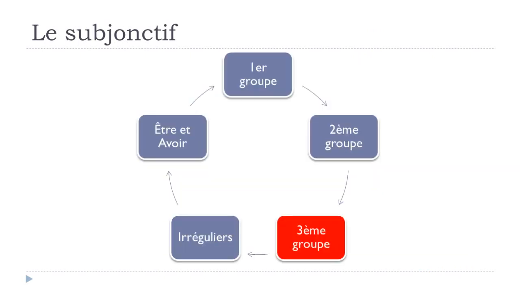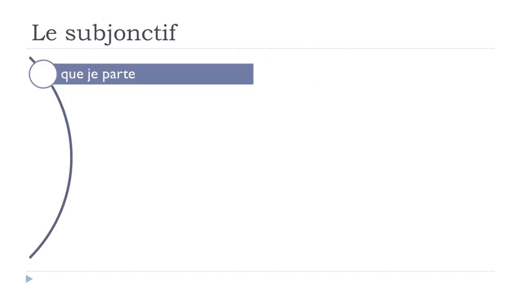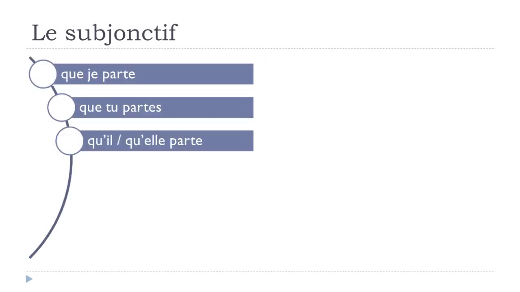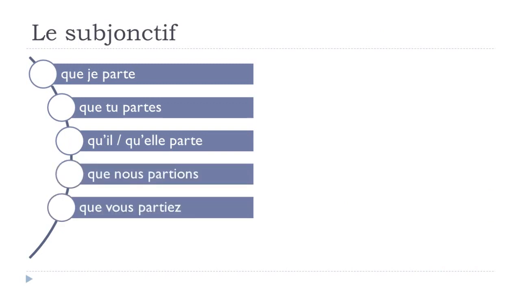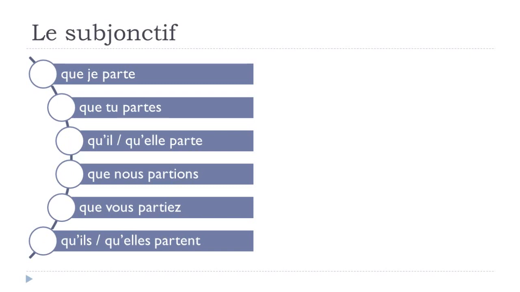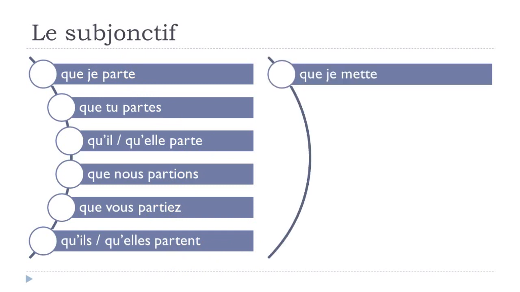All right. So third group now, and I took the verb partir, que je parte, que tu partes, qu'il parte, qu'elle parte, que nous partions, que vous partiez, qu'ils partent, qu'elles partent. Same thing here, not really difficult because it is exactly the same form. You just need to add the endings at the end. Let's take another example.